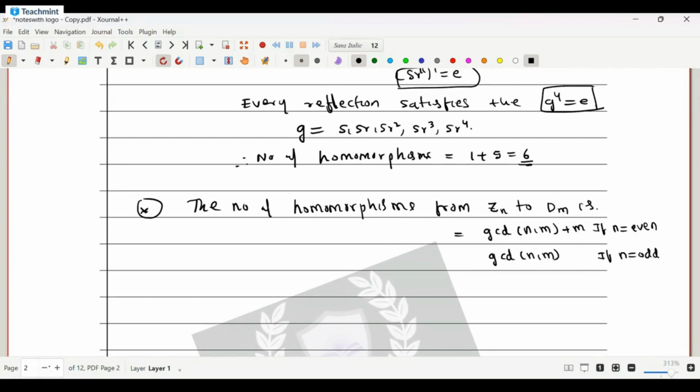The formula. So n is equal to even అయినప్పుడు ఫస్ట్ sir, n is equal to odd అయినప్పుడు సెకండ్ sir.